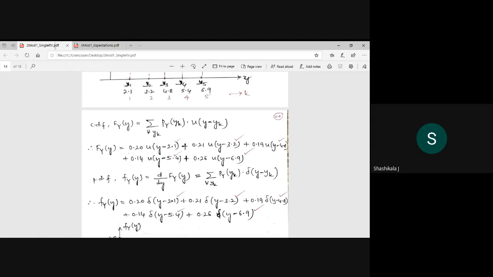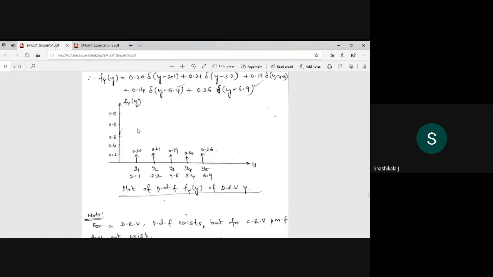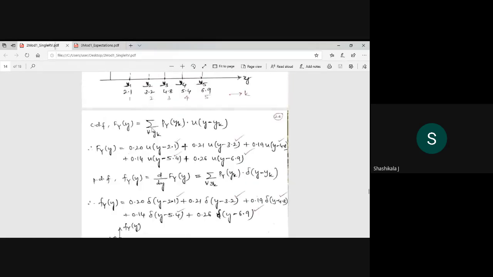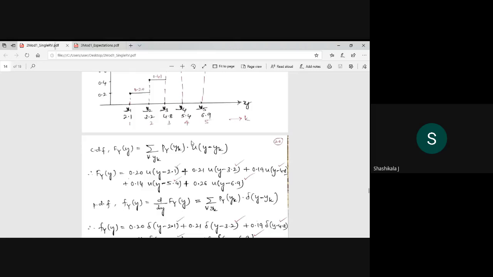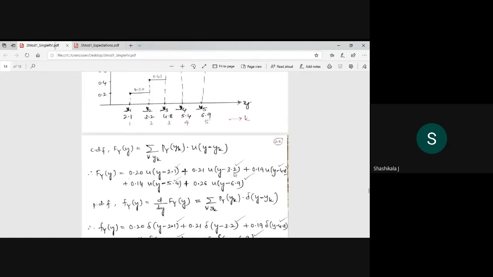Okay, next I will go with the PDF. The PDF is the differentiation of the CDF, and here your CDF is a unit step function. So when you differentiate, you will get impulse functions. Mathematically, the equation is the sum of probability P of yk into delta of y minus yk.